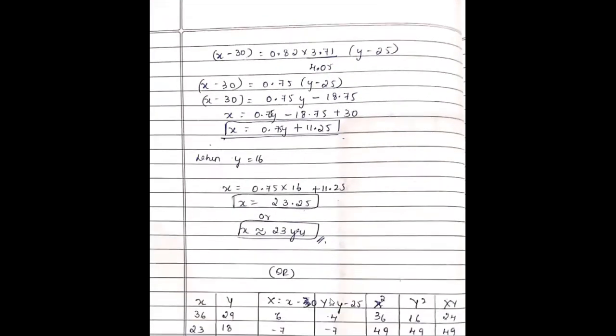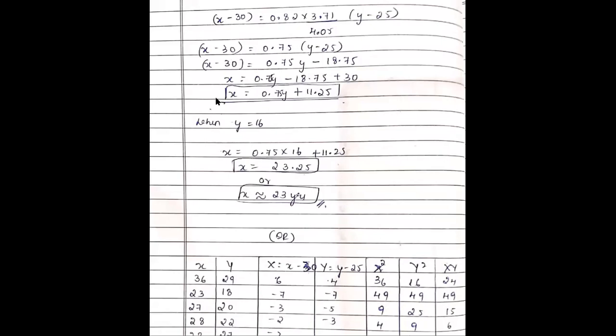0.82 into 3.71 by 4.05 is 0.75, into y minus 25 as it is. We'll multiply the constant here. 0.75 into y is 0.75y. 0.75 into minus 25 is minus 18.75. And we need x on y, so the extra term here is minus 30.